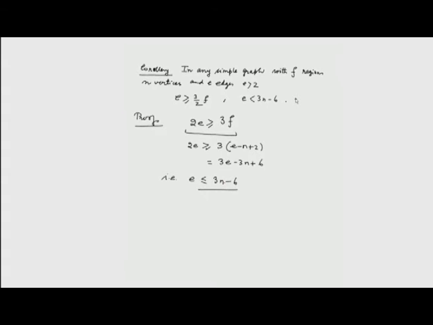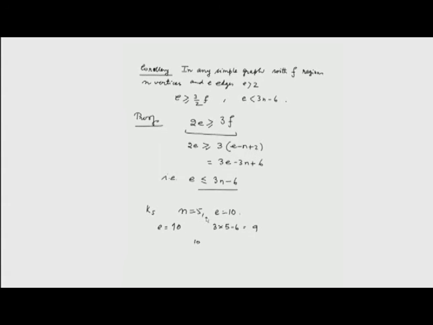Now, if I look at K 5, that is the complete graph with 5 vertices, here n is equal to 5, E is equal to 10, and therefore, I will have E on one side 10 and the other side 3 into 5 minus 6, which gives me 9.